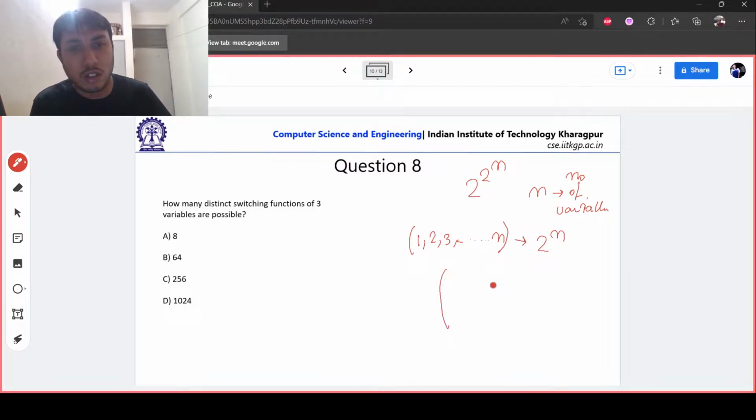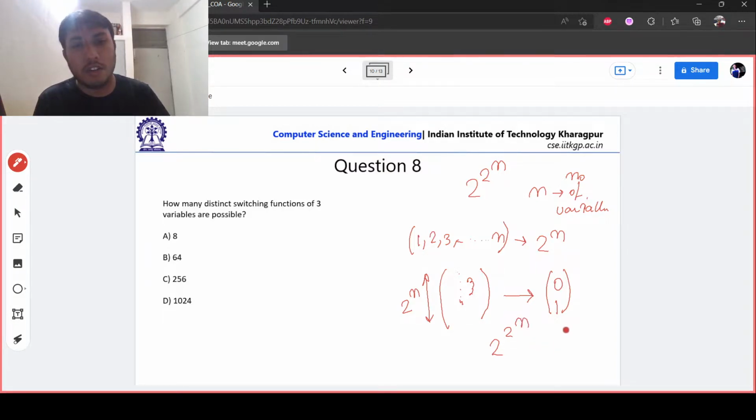So here there are 2 to the power of n literals, and here there are only two values possible for each of the equations, that is 0 or 1. So the total number of mappings for this will be 2 to the power of 2 to the power of n.